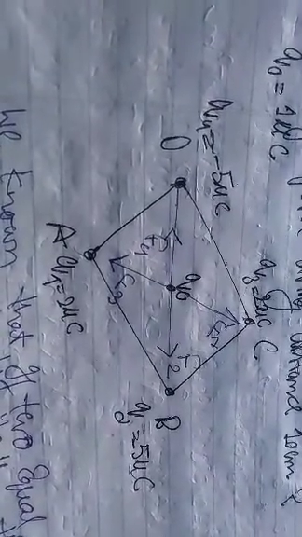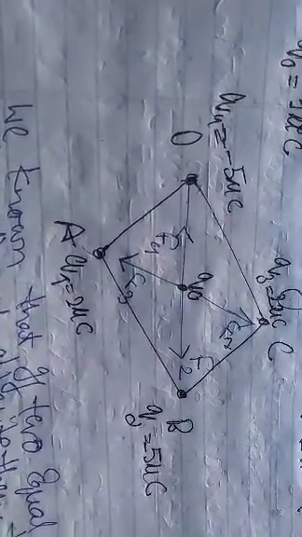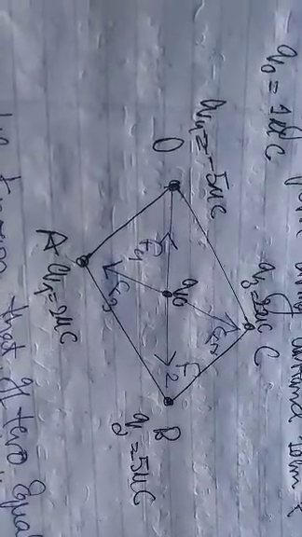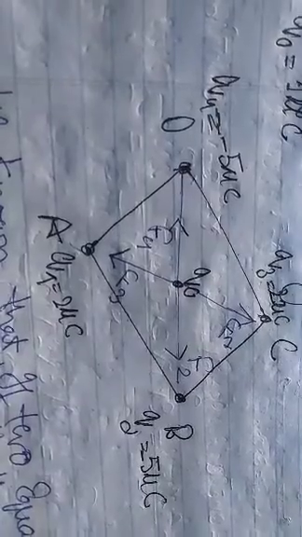So the charge q1 is positive and q naught is positive, so it repels with force F1. The charge placed at point C, 2 microcoulomb, is also positive, so it repels the charge q naught with force F3, and so on for the point charges at B and D.